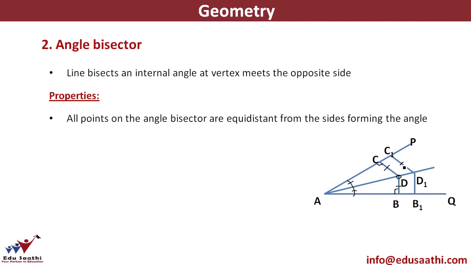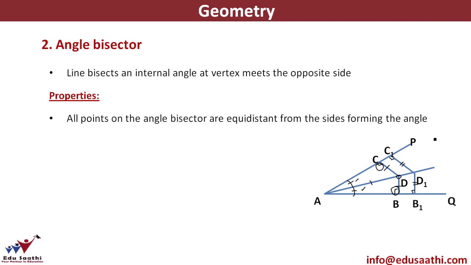Similarly, if I look at a point D1, it will be equidistant from the two lines making that angle. It's very easy to explain this. It can be explained with the help of congruency of triangles. Now if I look here, this side is common, this angle and this angle are equal, and this angle is 90 degrees.